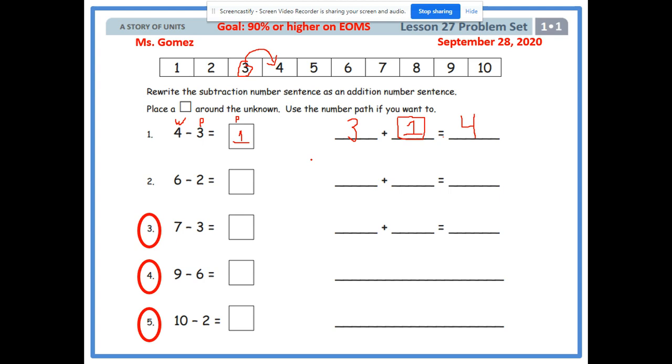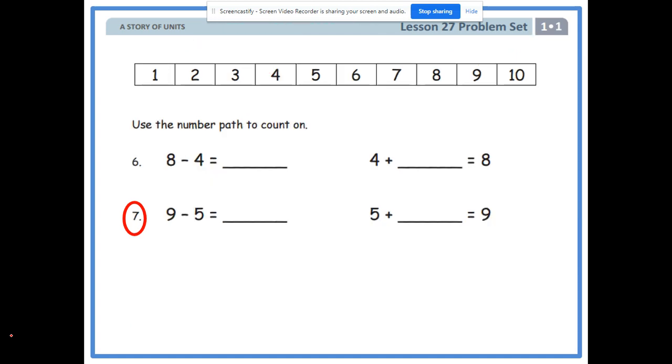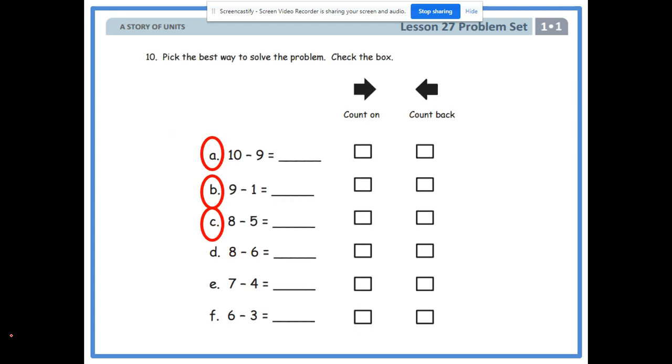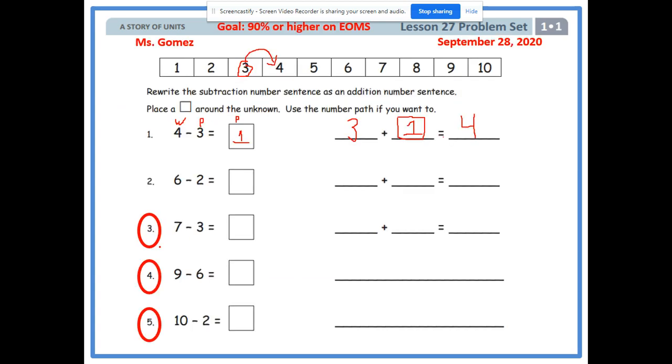Now, we're going to circle the must-do problems we will work out during today's live session. Ready? We go ahead and circle 3, 4, 5. 7, and then from 10, A, B, C. I'm going to go over them one more time, and you can press pause at any time if you still need more time to circle our must-do problems.